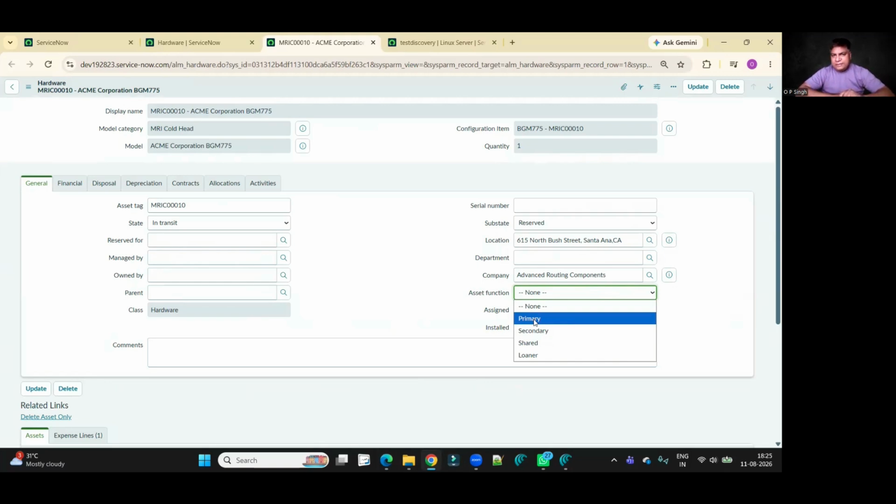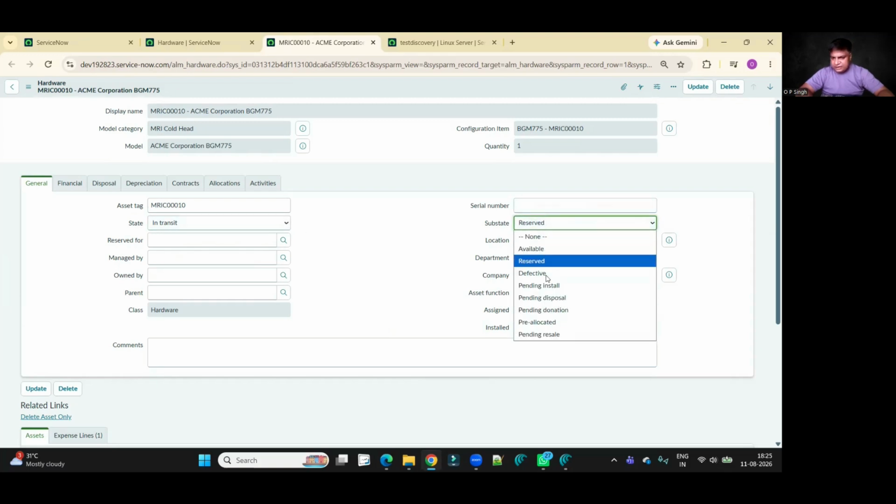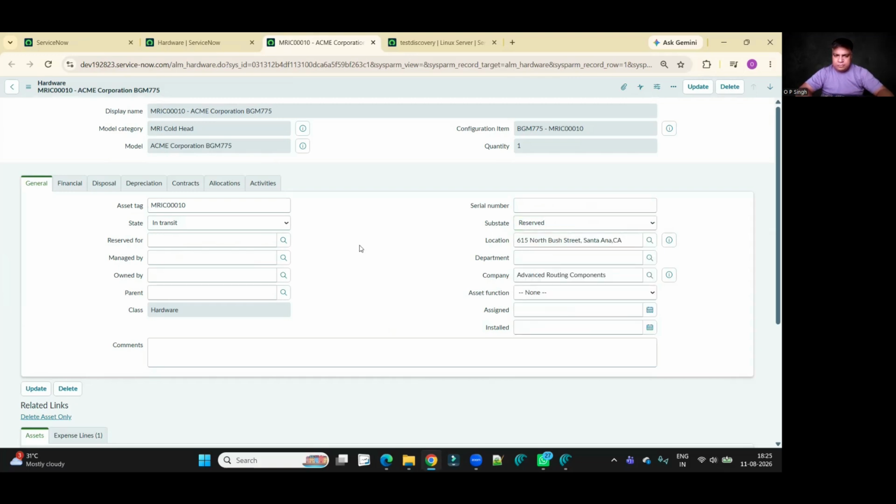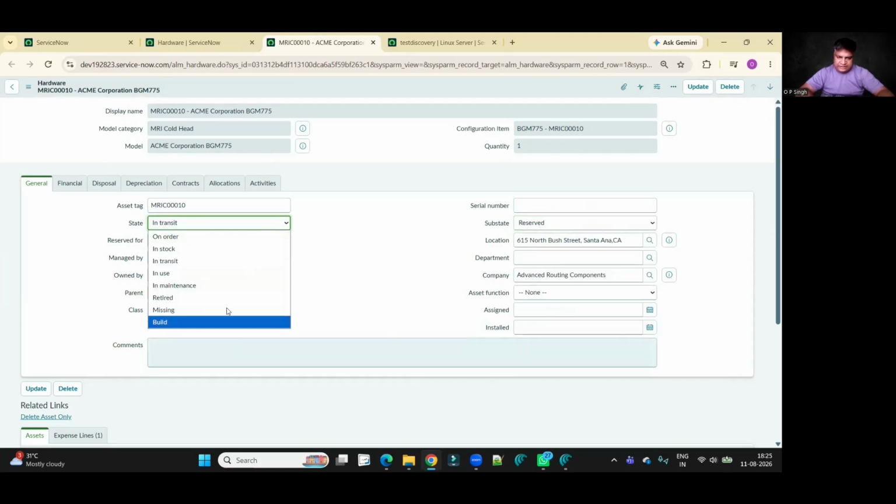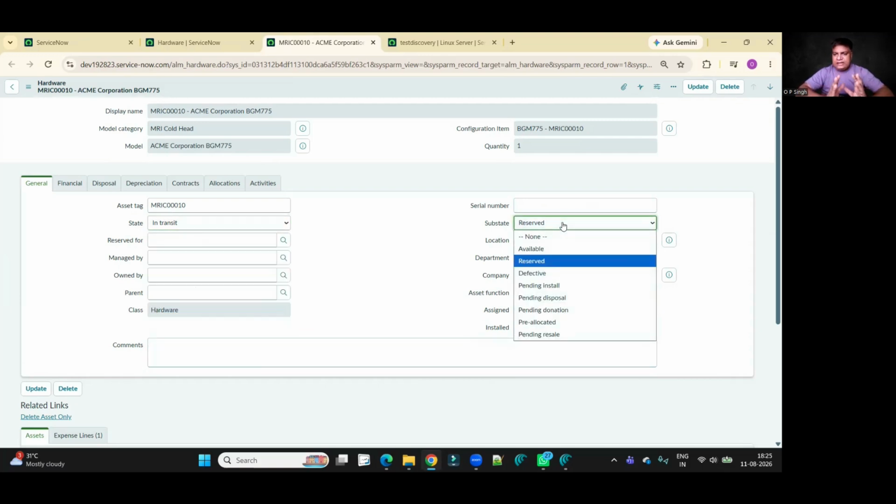Secondary means it is shared by a number of people, or it is associated with something. Okay, something like that. When it was installed, this is the serial number, this is the substate. So it is in transit, and in transit you have all these states available. Okay, so you have to manage, you have to understand all these states. Very self-explanatory, but still you need to go through, you need to understand the motivation behind these states and substates.